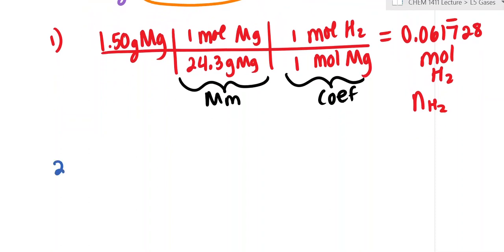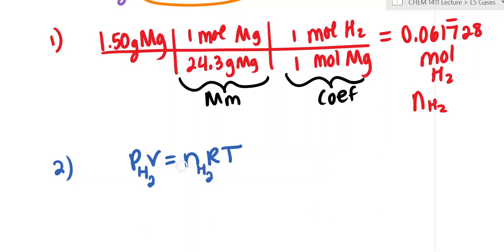Then we may say, well, to go from moles of hydrogen to volume, which is what we're looking for, we can just use this. The thing is, though, if I put in the moles of hydrogen, I also have to put in the pressure for hydrogen only, the partial pressure for hydrogen only.